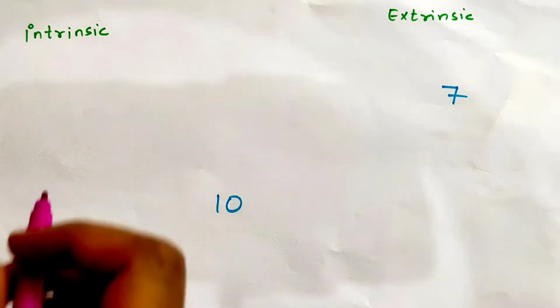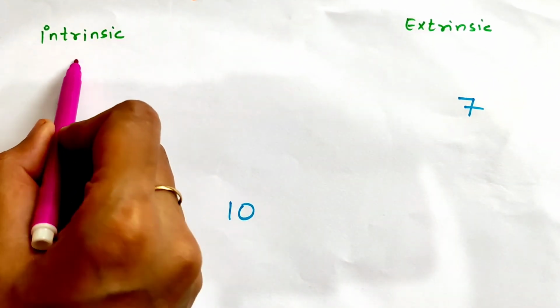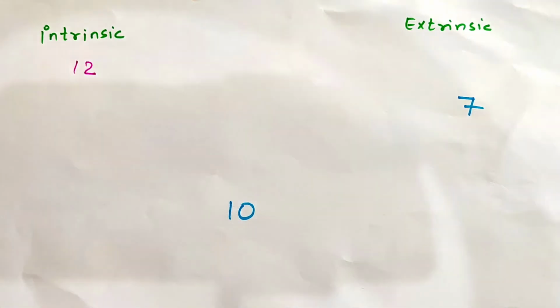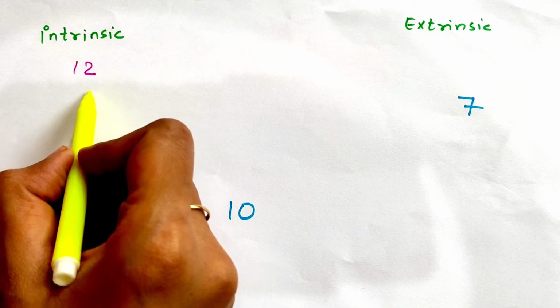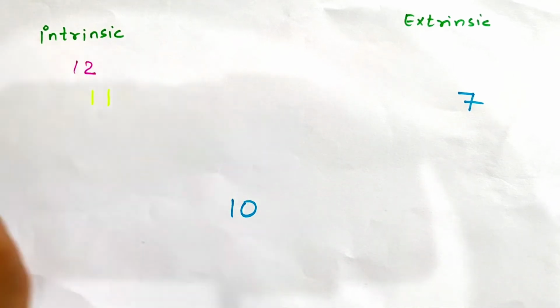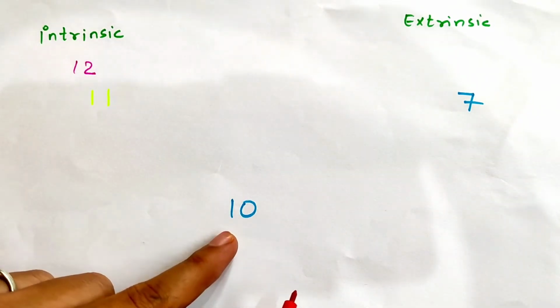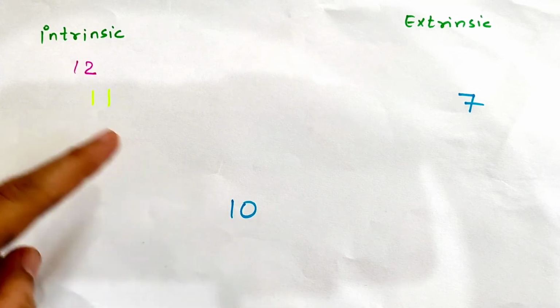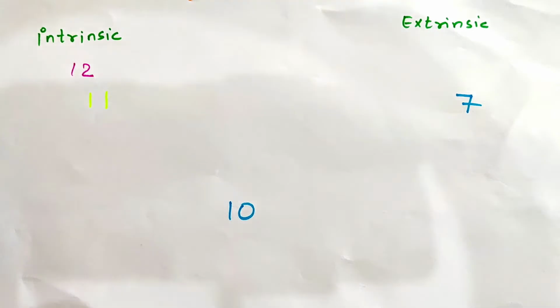Intrinsic pathway begins with factor number 12, and then in descending order we write the numbers. From factor number 12 it gets converted to factor number 11. Then we will not write 10 because it is the factor which we are forming at the end. So 12, 11, now 9.